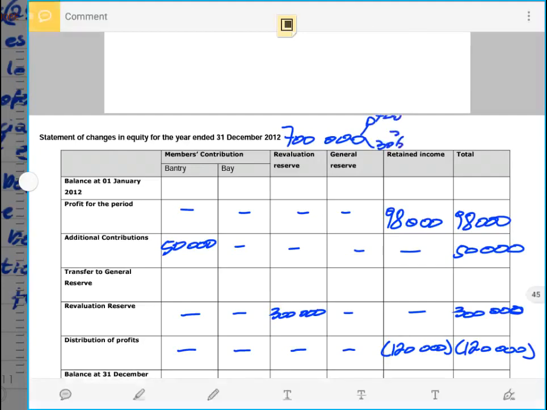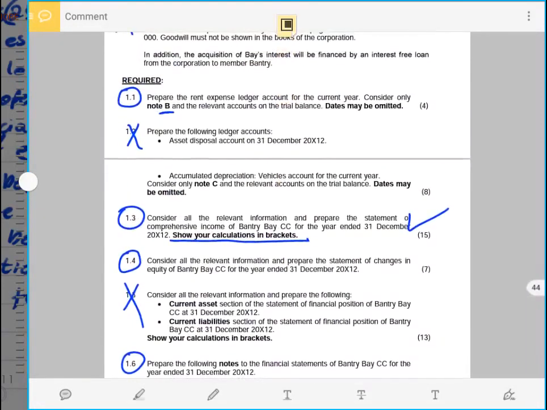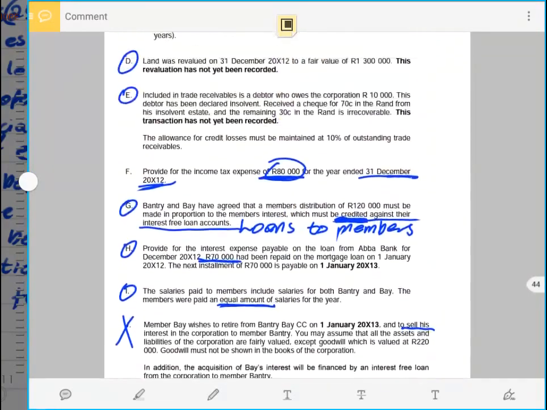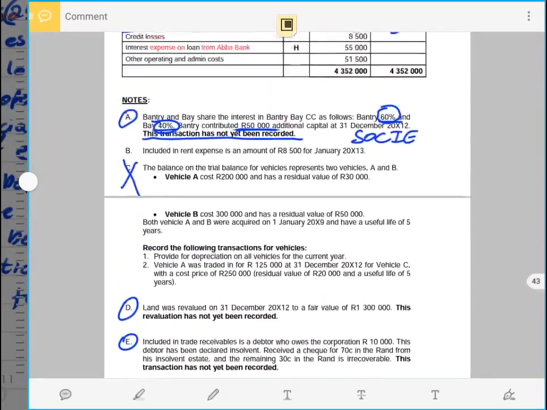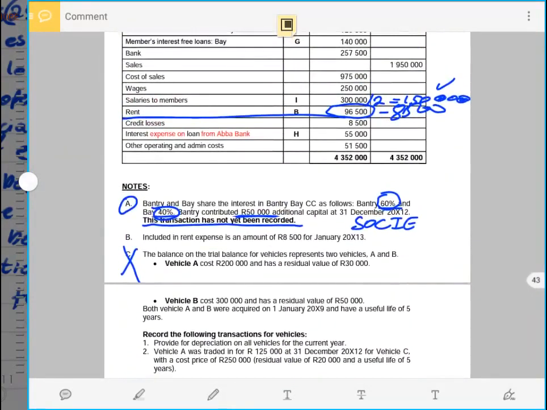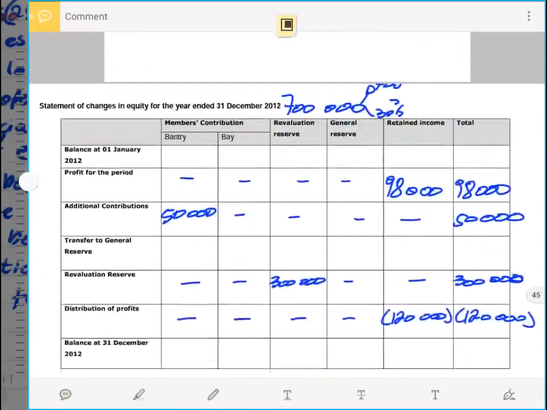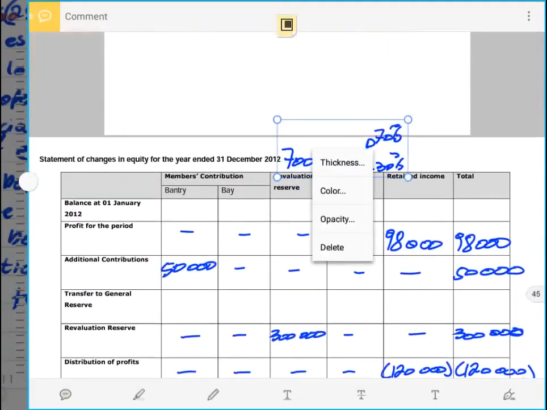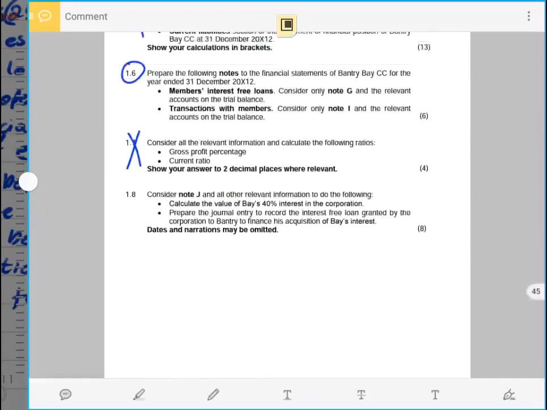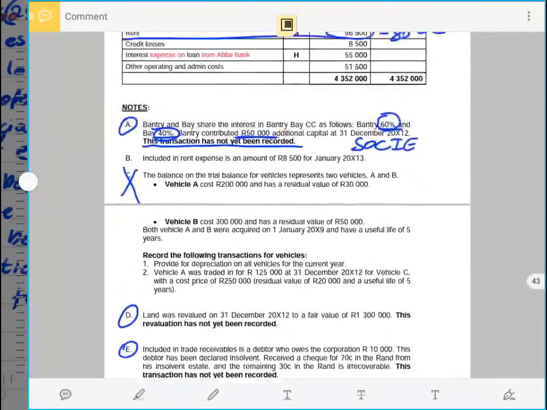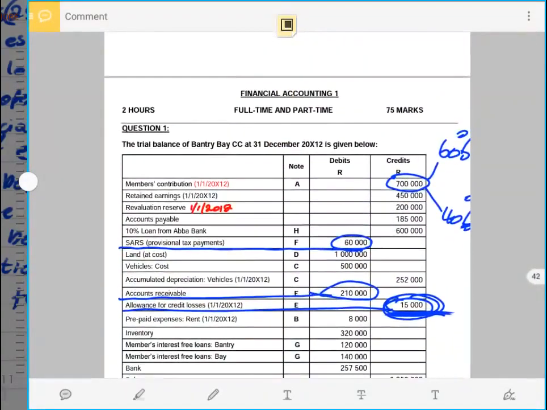Let us confirm, is it 60:40? Sorry for that, just a different exercise. However, we still have that 700,000 rands as the members contribution.